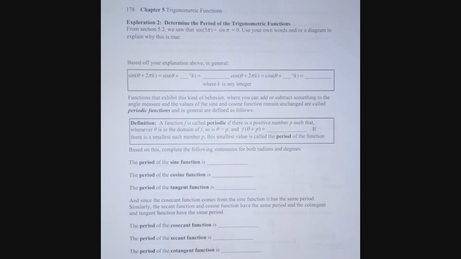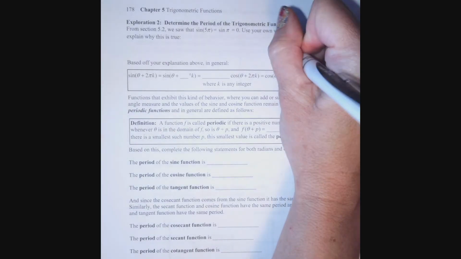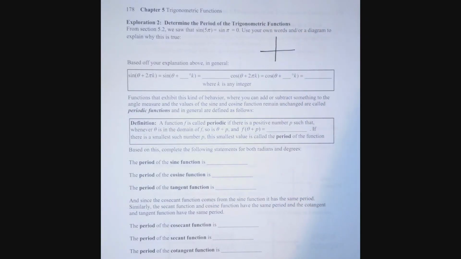Let's look at exploration number 2. Determine the period of the trig functions. So from 5-2, we saw that sine of 5 pi is equal to the sine of pi, and both of those are 0. Well, why is this the case? The sketch, I think, is easiest to explain.